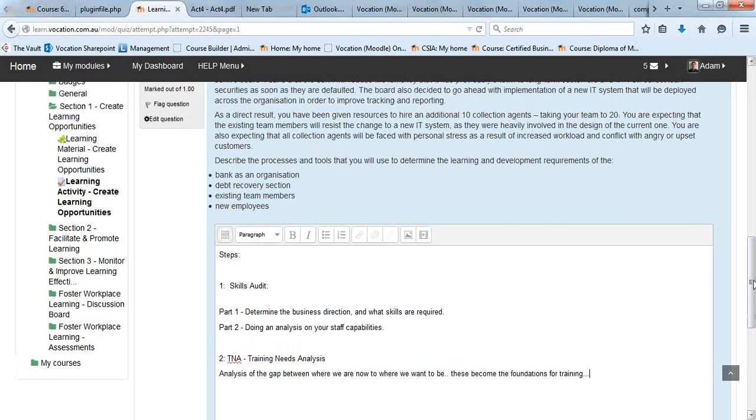You can't do a training needs analysis unless you have done a skills audit. You need to know first and foremost what skills are required for a specific role, and then you can build your training needs analysis on the results of that skills audit. Then you look at implementation of training, timelines required, resources, and the outcomes and objectives of that training once you've implemented it as well. So that's a big part of the training needs analysis too.